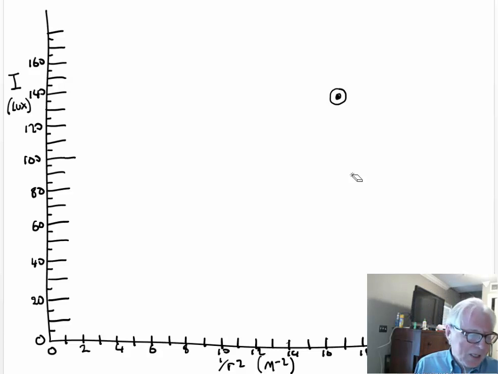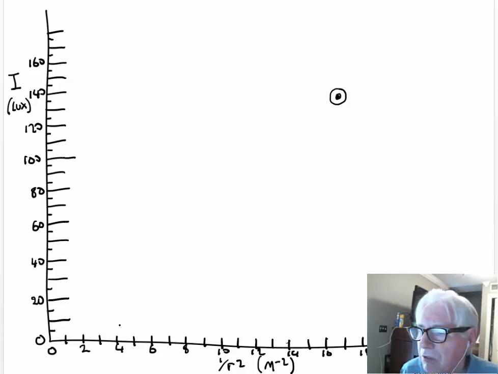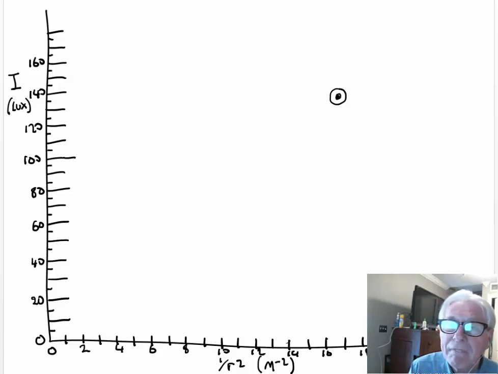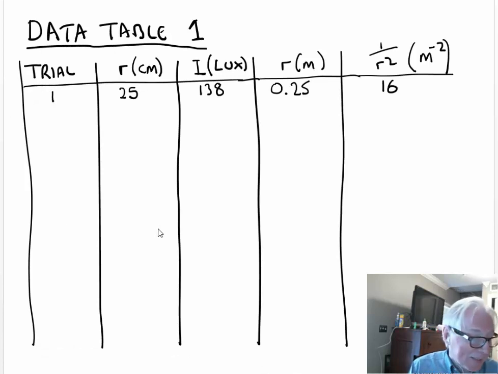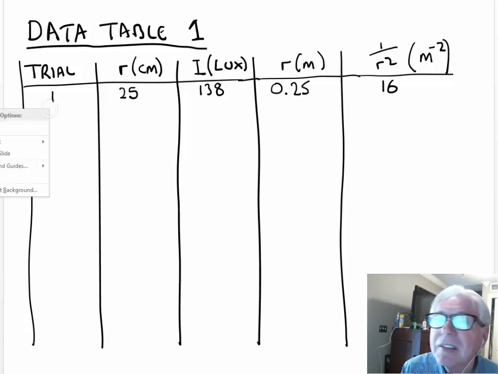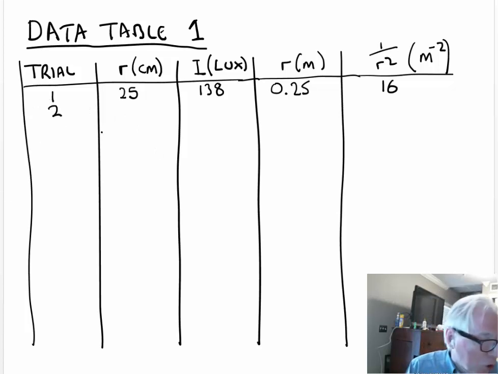So then I got some other data. So I'm going to go kind of backwards and forwards because I want you to see how this works. So lab partner, let's go back and let's take our next data set. It's good to jump around. I didn't think about this last time, so we didn't jump around, but it's good to jump around.